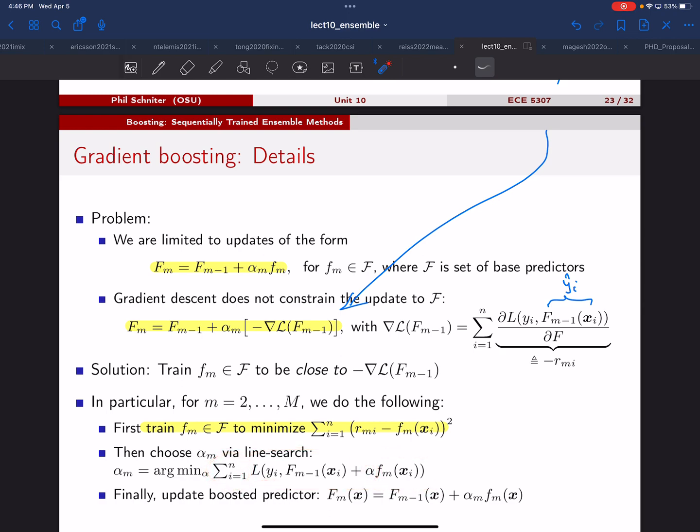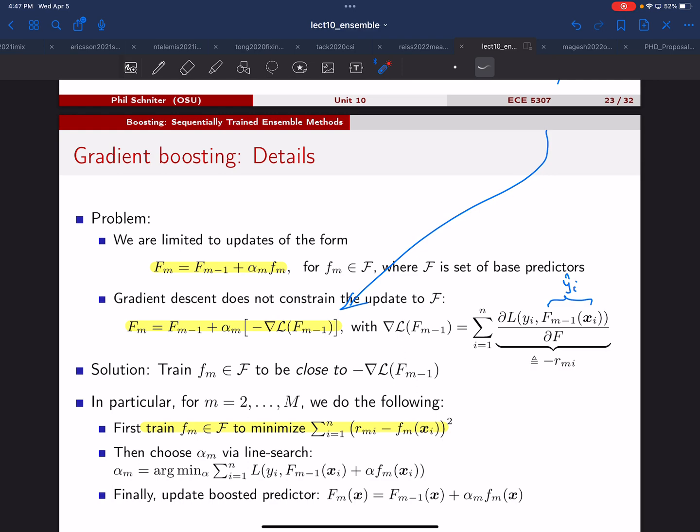That's just like a grid search. You just have a grid of alpha, and you find the alpha which works best. We'll call that alpha M. And now we're done. Now we have the scaling or the step size. We have FM, and we boost our predictor to get our new predictor, and we start over.